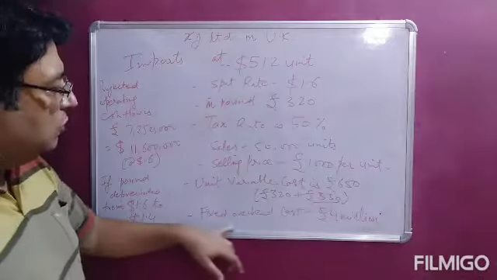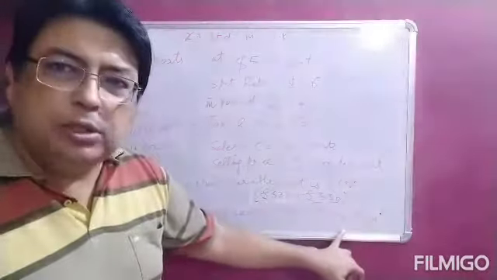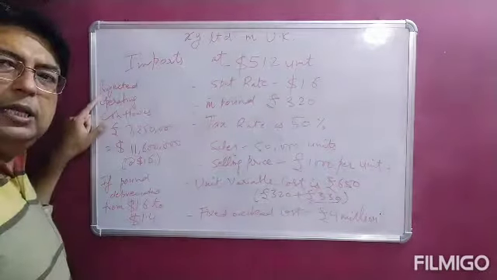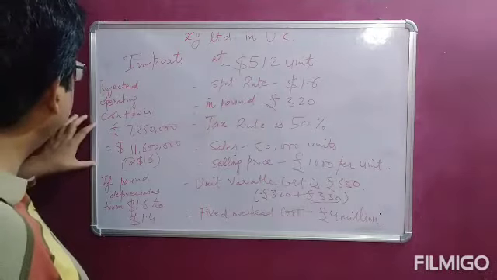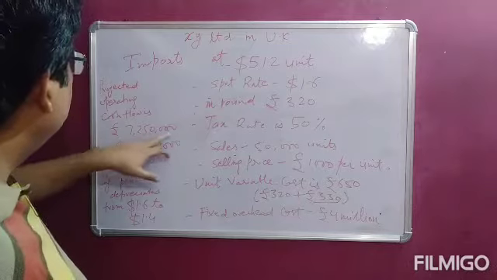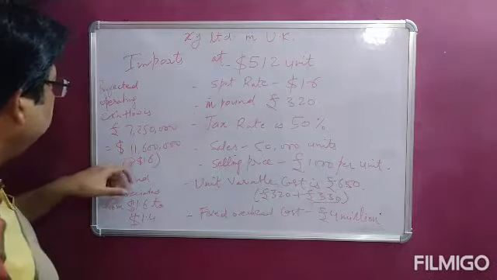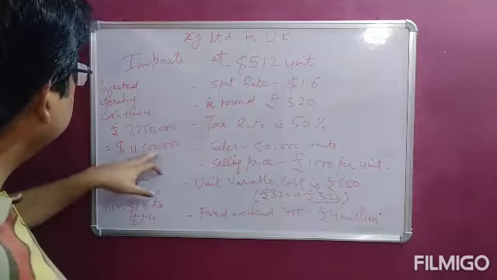And then there is a fixed overhead cost, which we have assumed to be 4 million pounds. So here it is written, and we have also assumed that there are projected operating cash flows. Projected operating cash flows is 72 lakhs 50,000, which comes out to be, in dollar terms, 1 crore 16 lakhs.